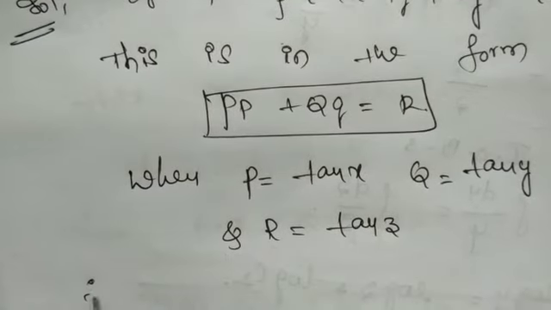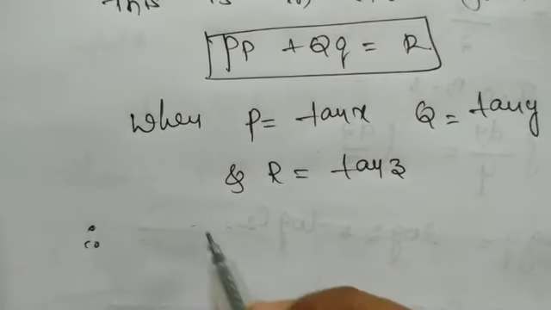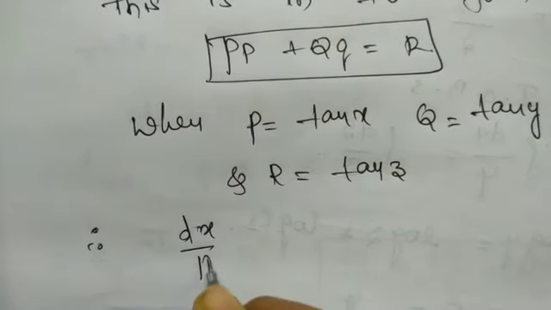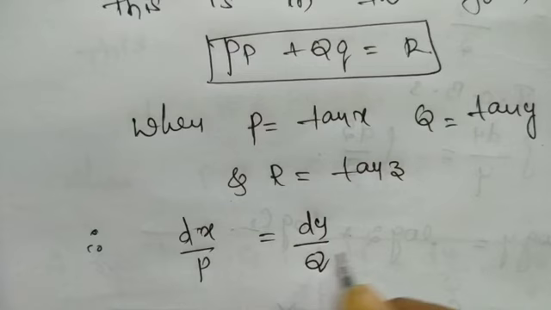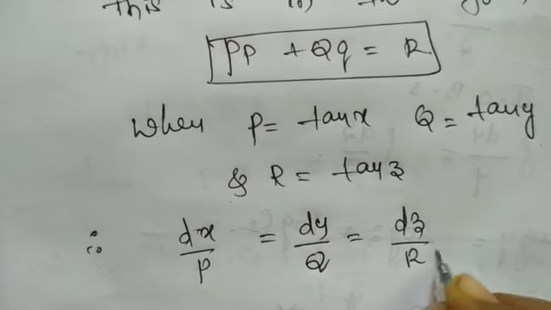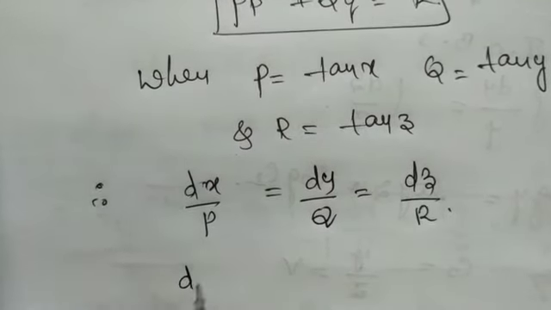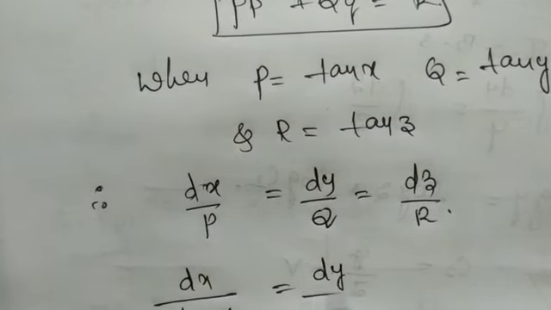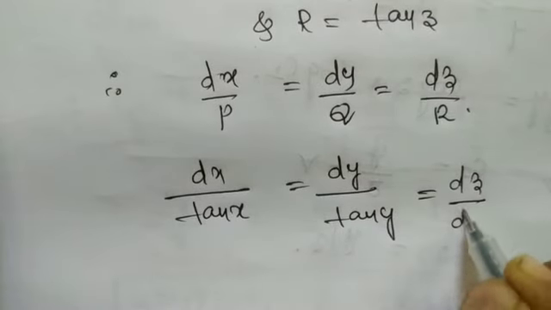Therefore, substituting into the subsidiary equation, dx by P equal to dy by Q equal to dz by R, so dx by tan x equal to dy by tan y equal to dz by tan z.